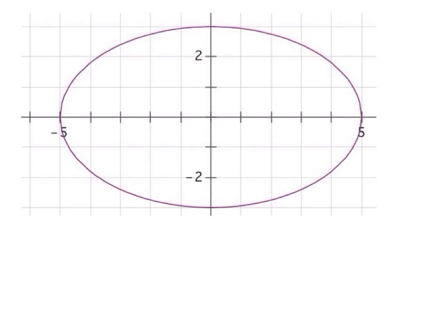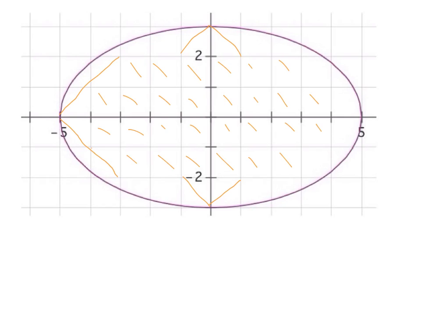Let's count some squares. Okay, 1, 2, 3, 4, 5, 6, 7, 8, 9, 10, 11, 12, 13, 14, 15, 16, 17, 18, 19, 20, 21, 22, 23, 24, 25, 26, 27, 28, 29, 30, 31, 32, 33, 34.